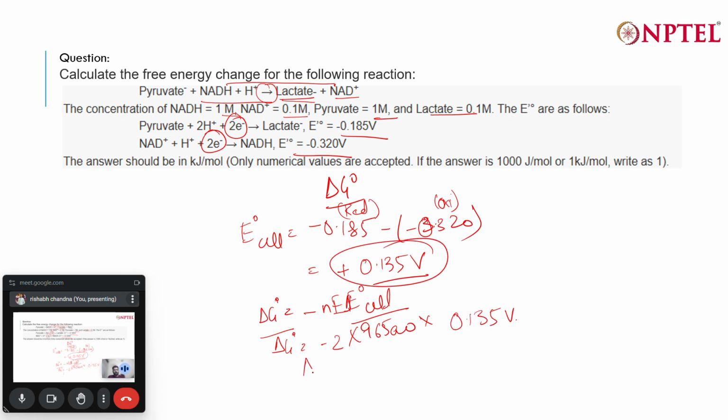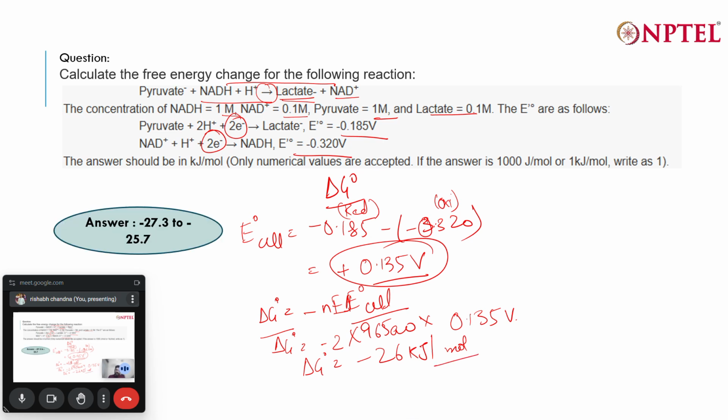After solving this, this would come around minus 26 kilojoule per mole. So the answer can be in the range from minus 27 to minus 25.7. Okay, so this would be the answer for the particular question.